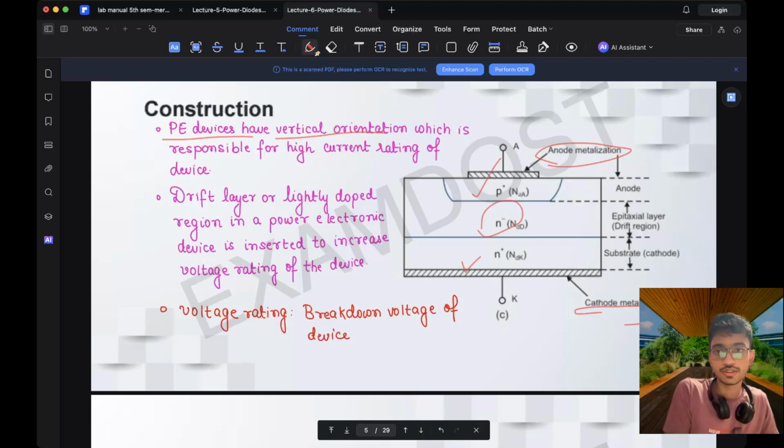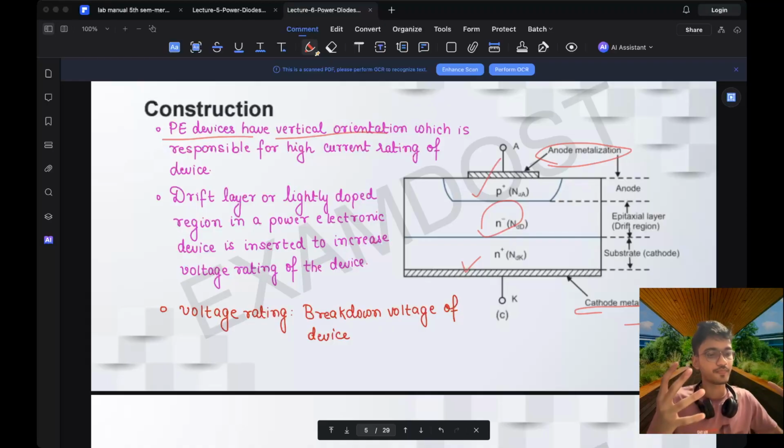So why is this vertical orientation there? Vertical orientation is responsible for the high current rating of the device. How is it responsible?